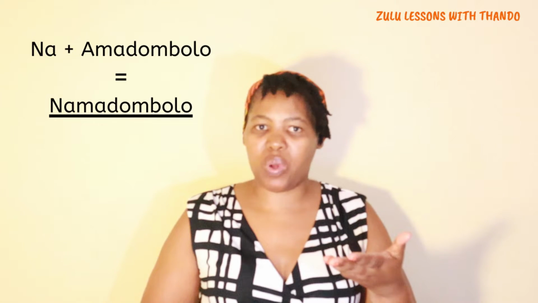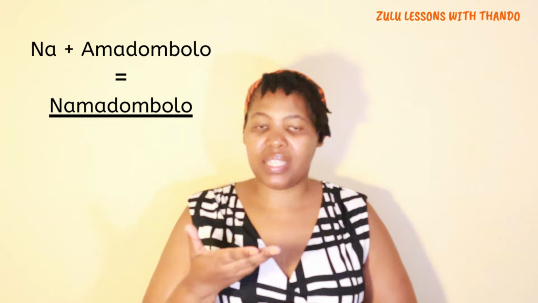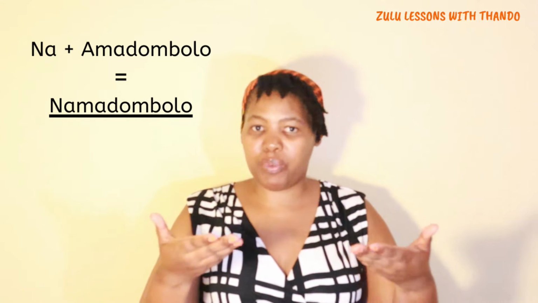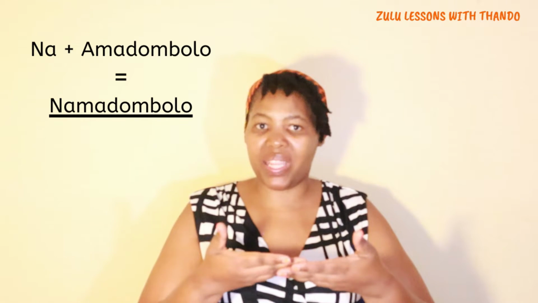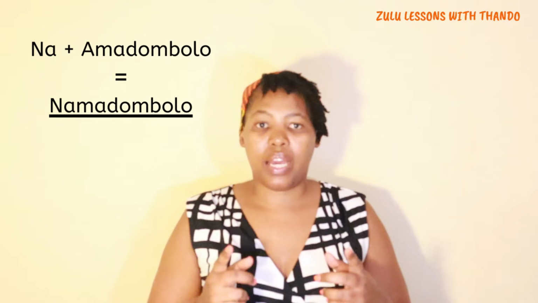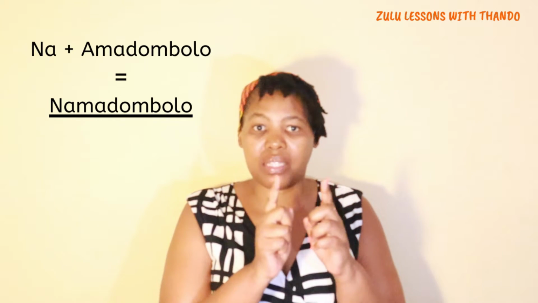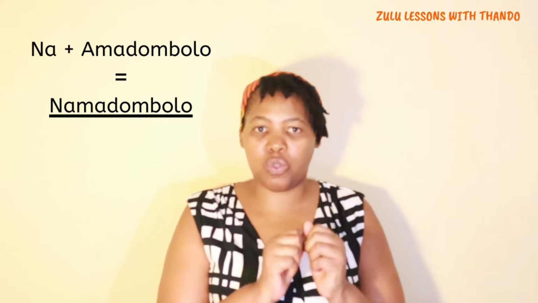Amadombolo start with a vowel a, and our conjunction is na. So we put those 2 together, we drop the one a, and we have na madombolo. And you must also note that the na forms part of the second word.